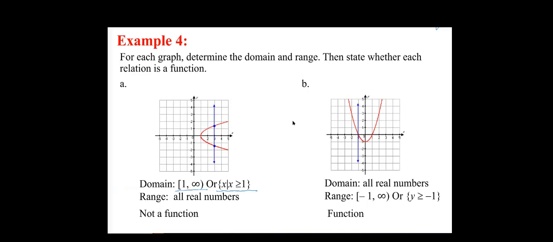Since we're relating this to the domain, and domain relates to the x-axis, that's why they put x here. So that means all the numbers such that, this line means such that mathematically, this shows all the numbers that are larger than or equal to 1.